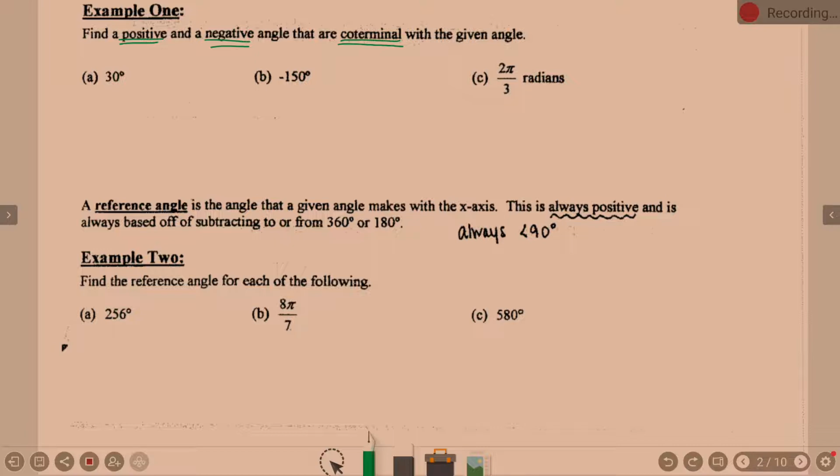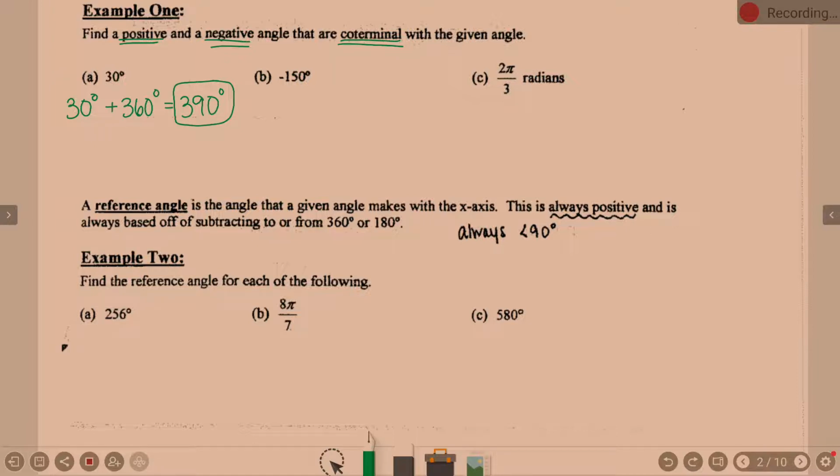So what would be another name, staying in degrees, for 30 degrees? 390. Jacob says 390. Do you like it? How would he get 390? You would take 30 degrees and you would add 360, yes? So 390 degrees would be a positive answer there.